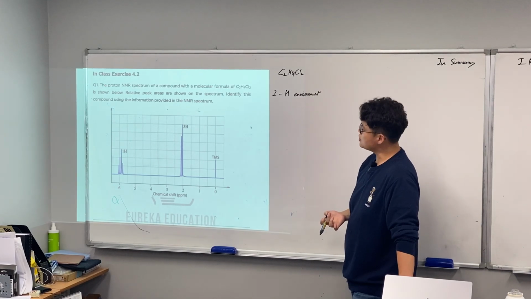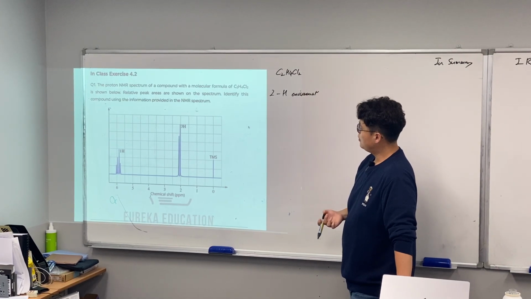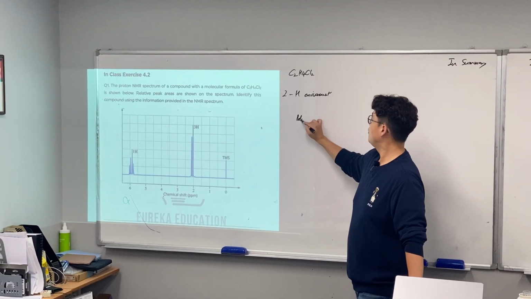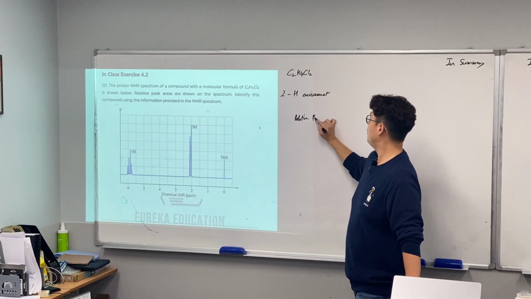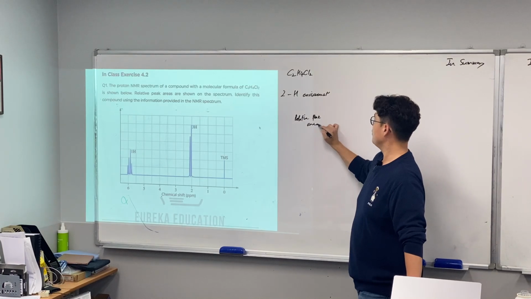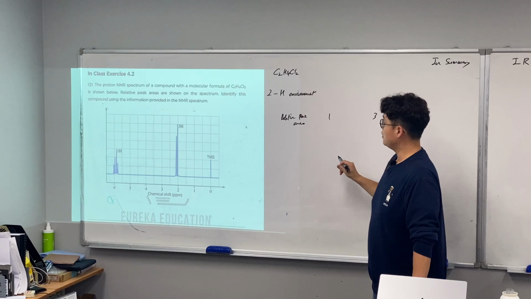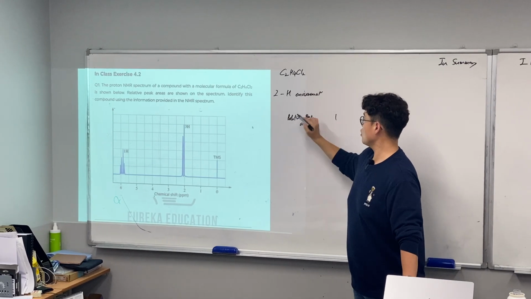Actually, what else? There's the 1 hydrogen that is shifted the most to the left. It's likely the chlorine is attached near it. So let's talk about the shift first.